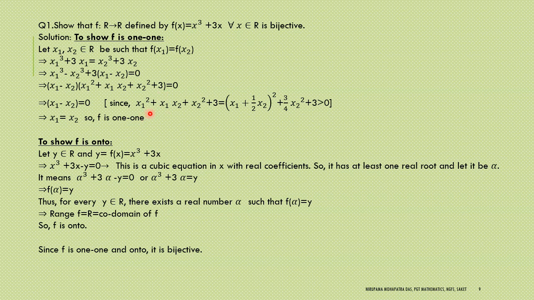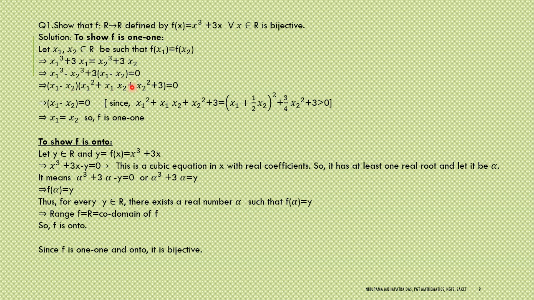Let's see. x1 square plus x1 x2 plus x2 square plus 3 can be written as (x1 plus half x2) whole square plus 3 by 4 into x2 square plus 3. Now this being a perfect square, it is greater than or equal to 0, non-negative. This is also a square, so it is non-negative. So these are non-negative plus 3, and we are getting this expression greater than 0 basically.